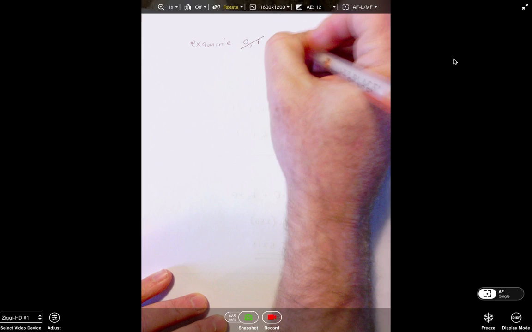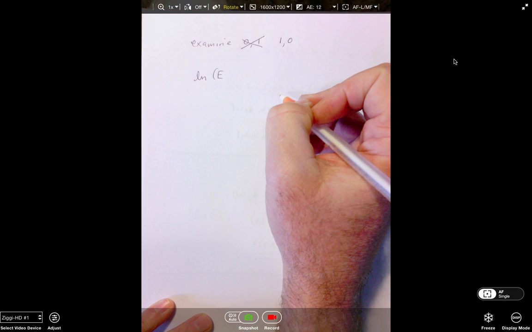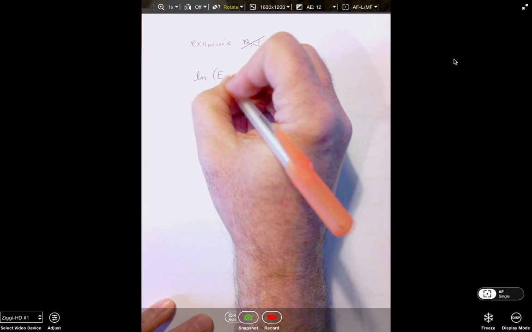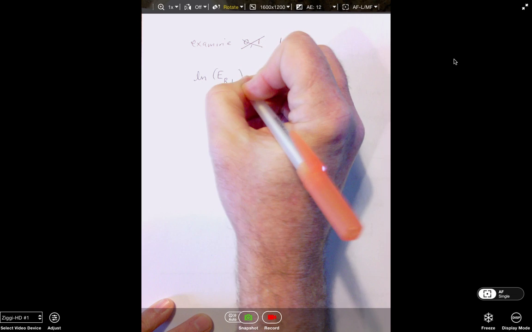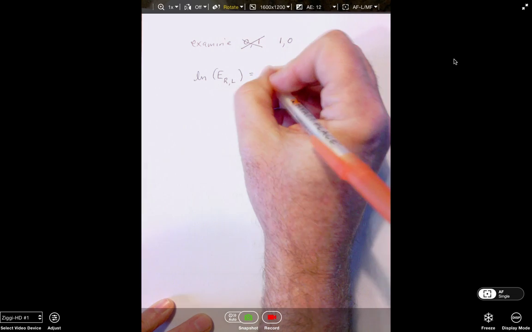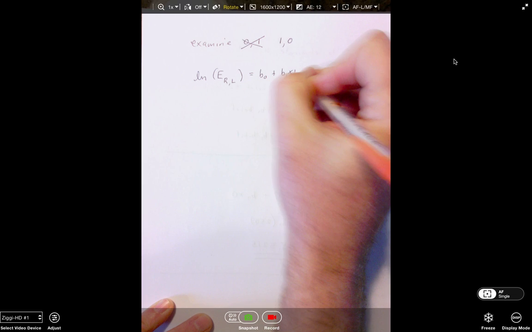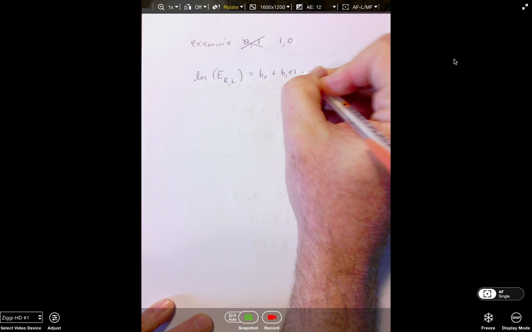So I want to examine 1, 0. So guys, 1, 0, I'm going to take the natural log of the expected, and 1, 0 is a Republican being pro-life, equals B0 plus B1 times 1 plus B2 times 0.